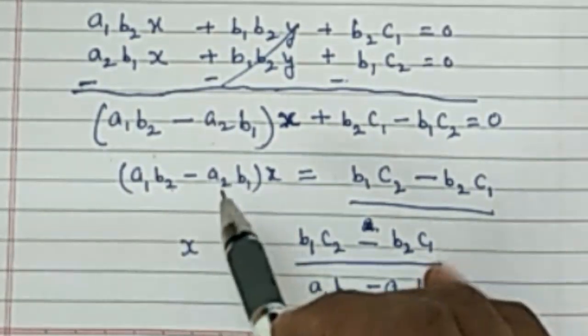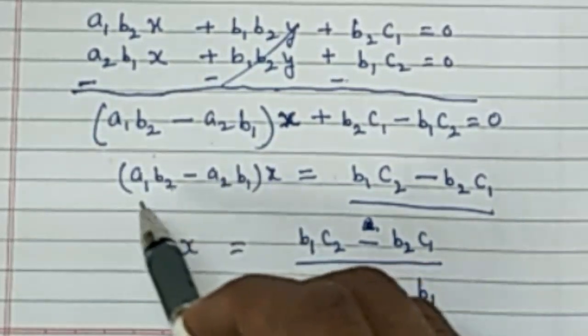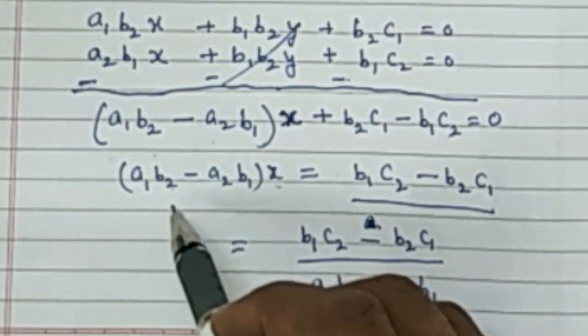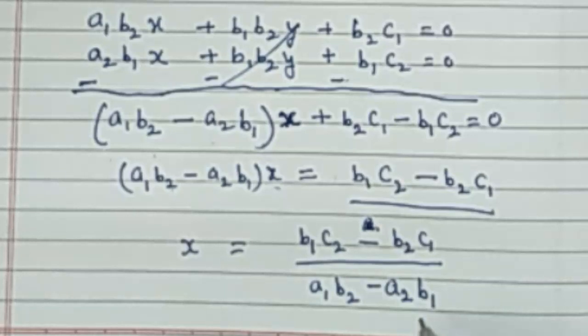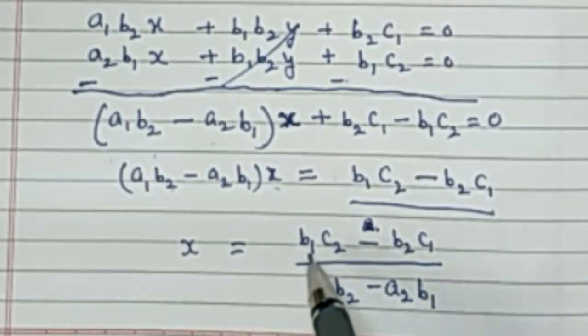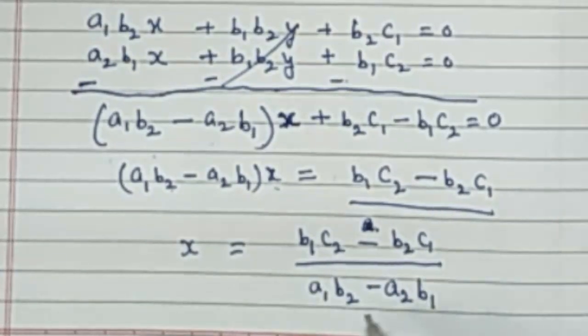So next step is, the coefficient of x is multiplied here, so over there it will go and divide. So we will get x is equal to b1c2 minus b2c1 over a1b2 minus a2b1.